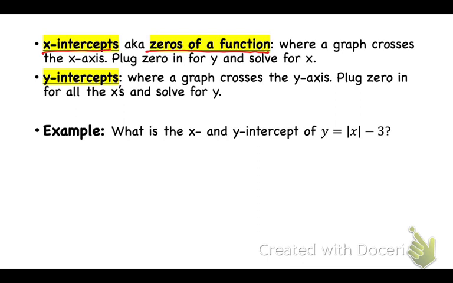It is where the graph crosses or meets the x-axis. How you find an x-intercept is you plug 0 in for y and solve for x. Gail, you gotta write notes.